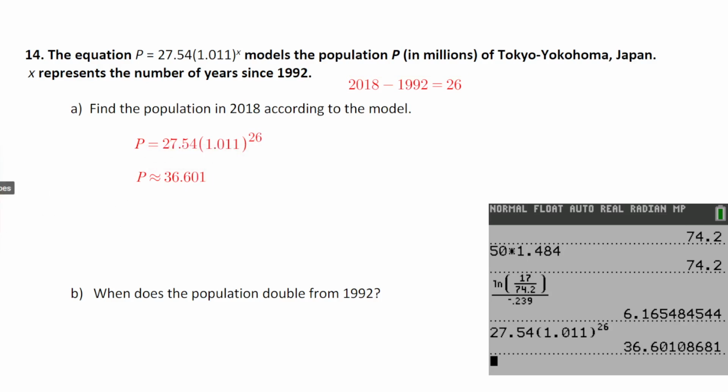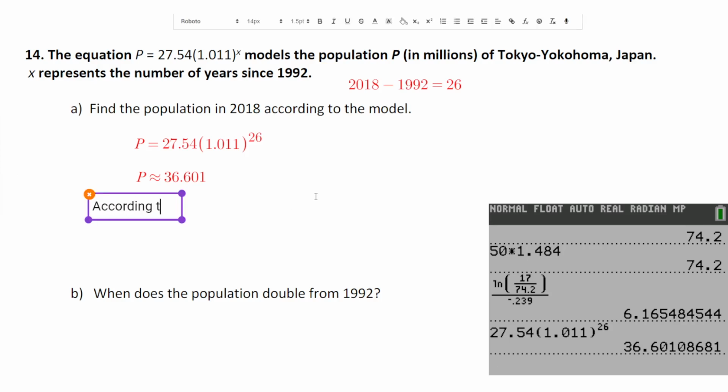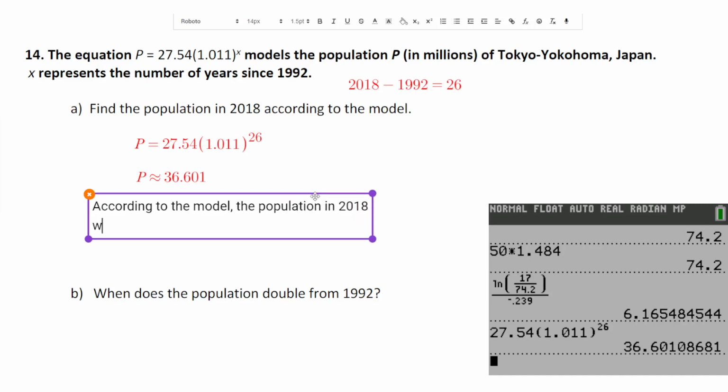We're going to say, according to the model, the population in 2018 is approximately 36,601,000, and I'm actually going to go back to the calculator here real quick to look. 0.86 would round to 0.87.